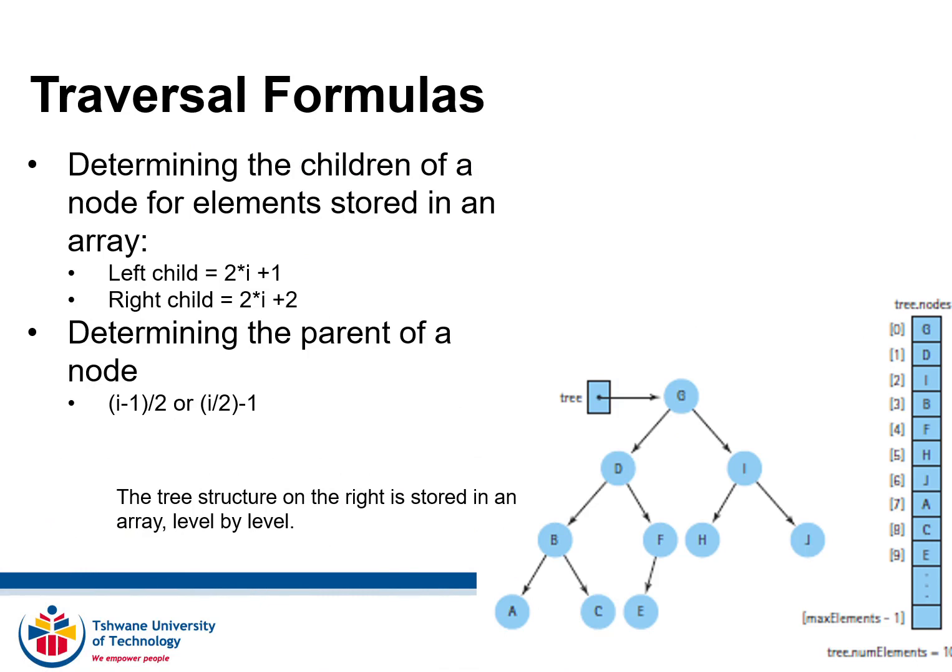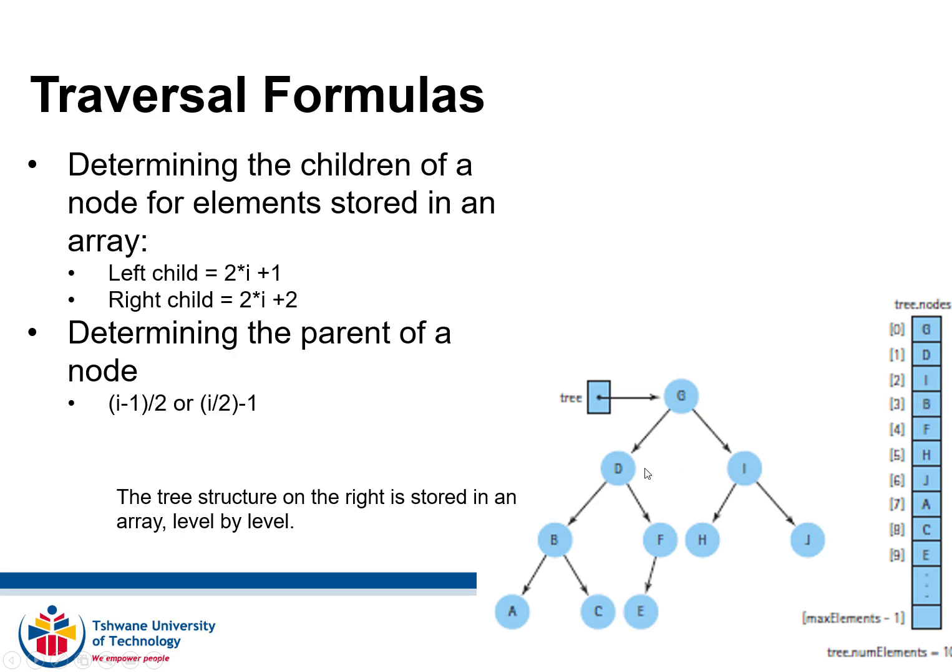Now, there are formulas one could rely on to determine the children of a node for elements stored in an array. For the left child, one can use 2 times index plus 1. Let's just take this example. And for the right child, one can use 2 times index plus 2. Let's take something that already has a child.